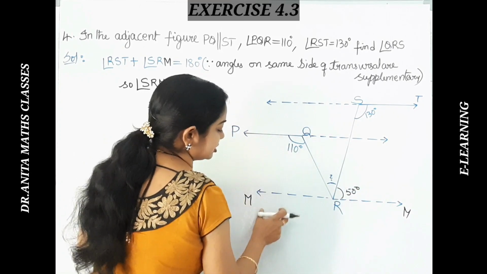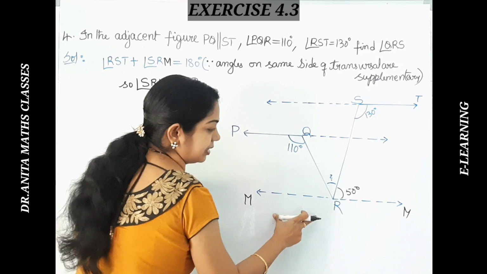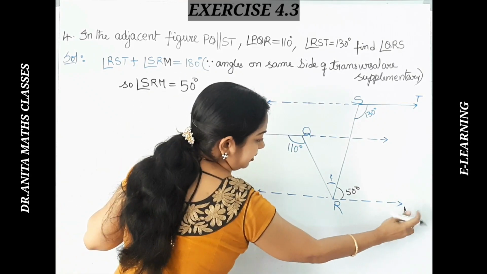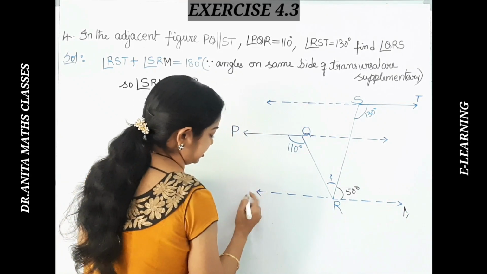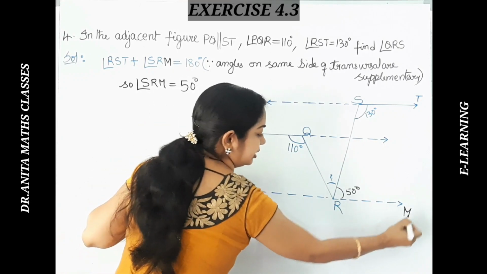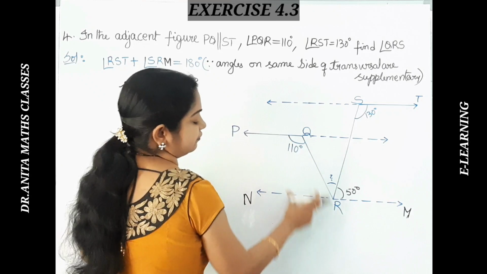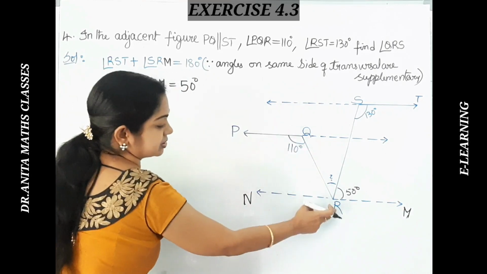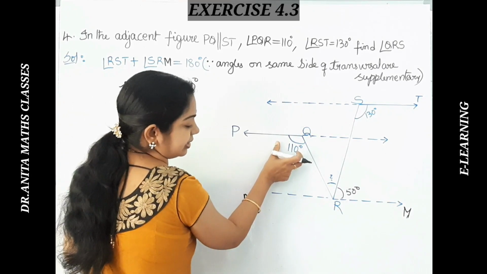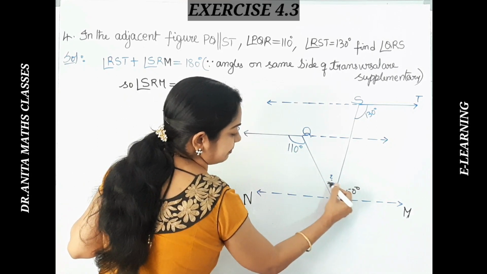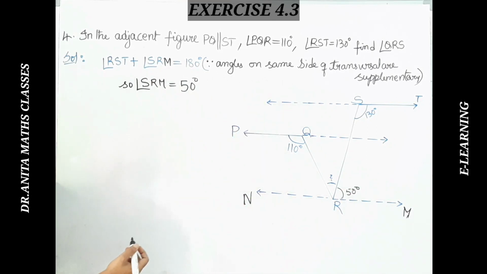Here consider these two lines. PQ is parallel to MN. Sorry, suppose this is M only. So consider PQ parallel to NM. If these two are parallel and the transversal is QR, and this angle is 110, then this complete angle must also be equal to 110.